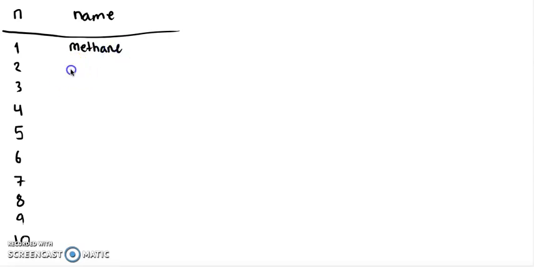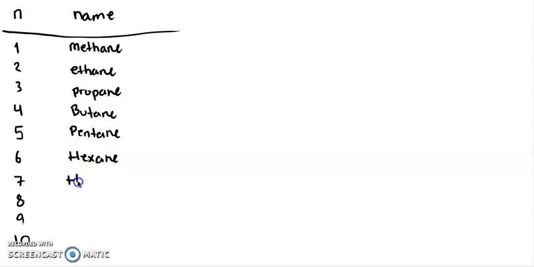Then you have ethane and propane. And then we have butane and pentane, hexane, heptane, octane, nonane, and decane.